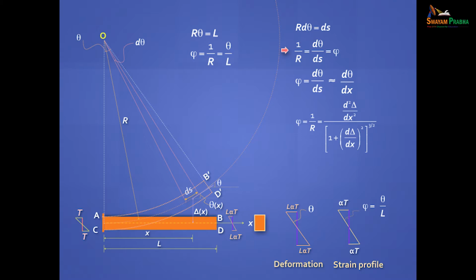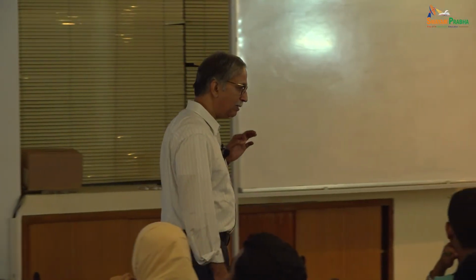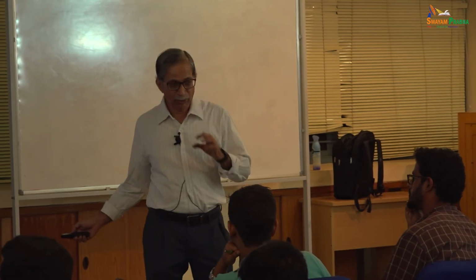You probably studied this, but it can be approximated as this because the quantity d delta by dx itself is very small, much less than 1. If you square it, it becomes even smaller, so in the denominator this is nearly 0, in which case this quantity becomes 1, and you get phi equal to d squared delta by dx squared, right? So you've got nice relationships between curvature, rotation and deflection, which we'll use later.